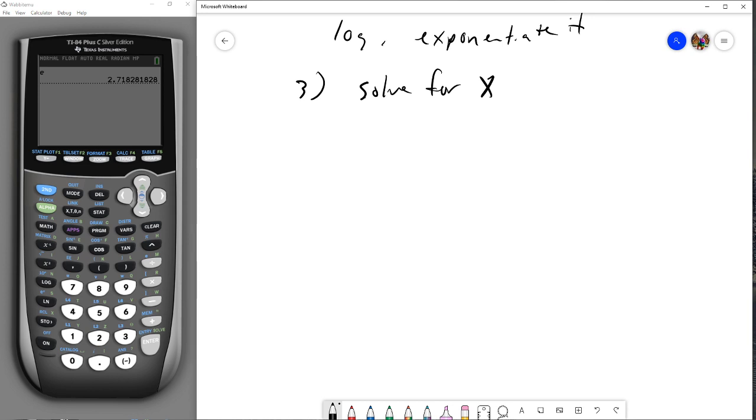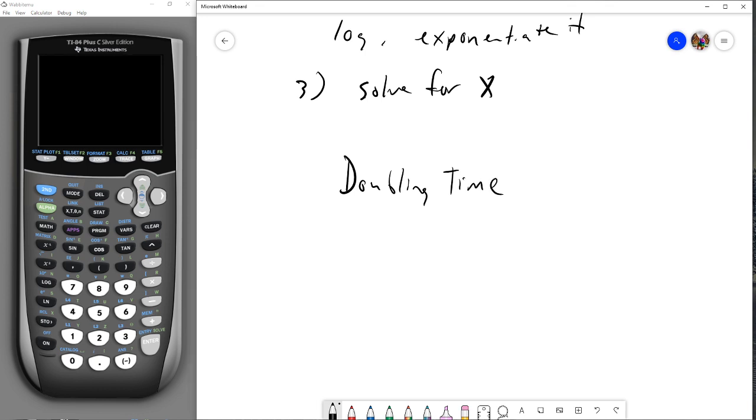So we had the doubling time model for exponential growth, and that was, let's say, population is equal to the initial population times 2 to the t over d.